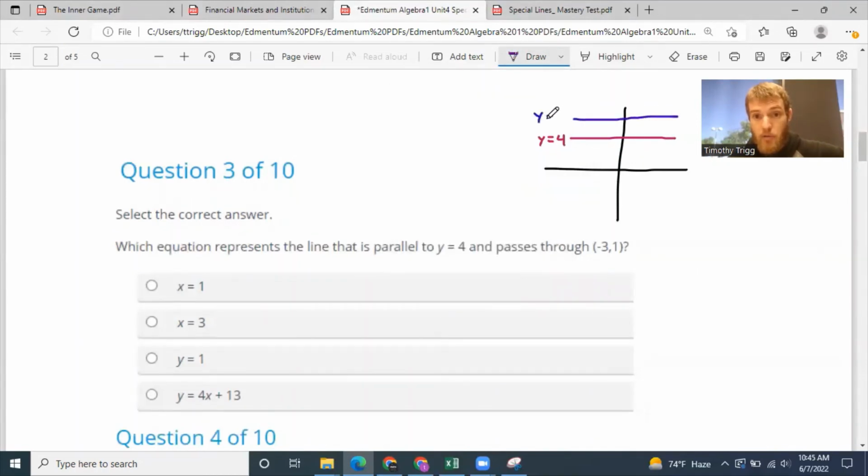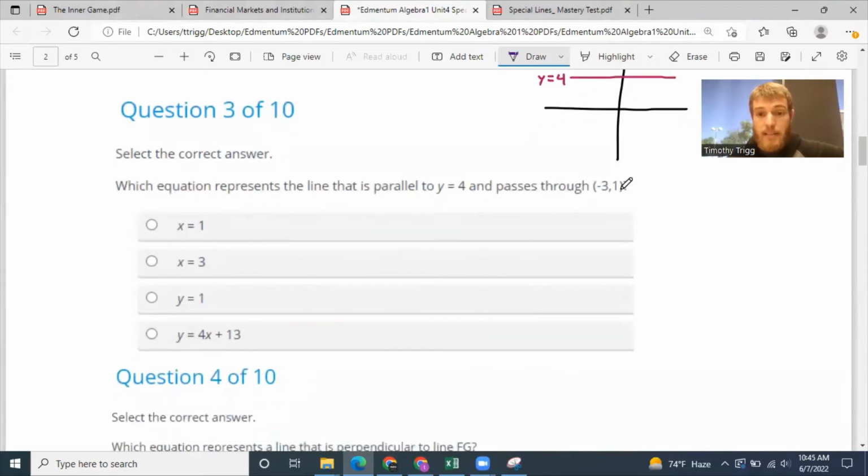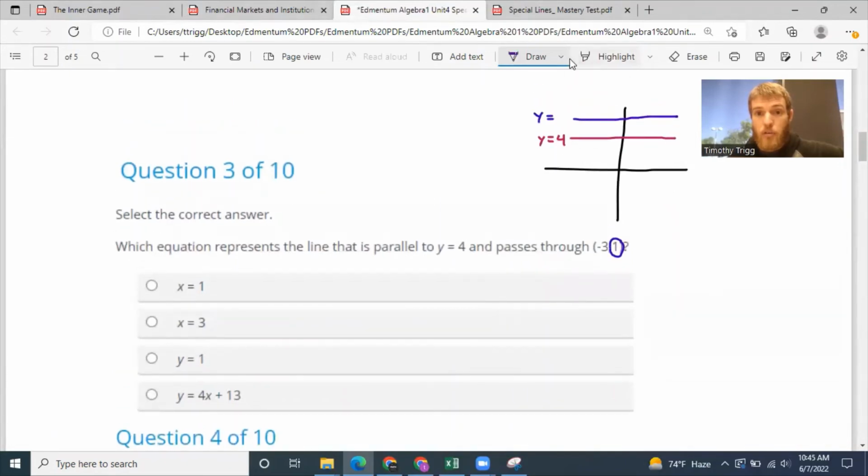It doesn't really matter what it is, except it has to pass through -3, 1. So -3, 1 is perhaps down here, and it'll be of the form y equals. Should this be y equals -3 or y equals 1? Since it's in the form y equals, you want to use the y coordinate. These two lines are parallel. Okay.